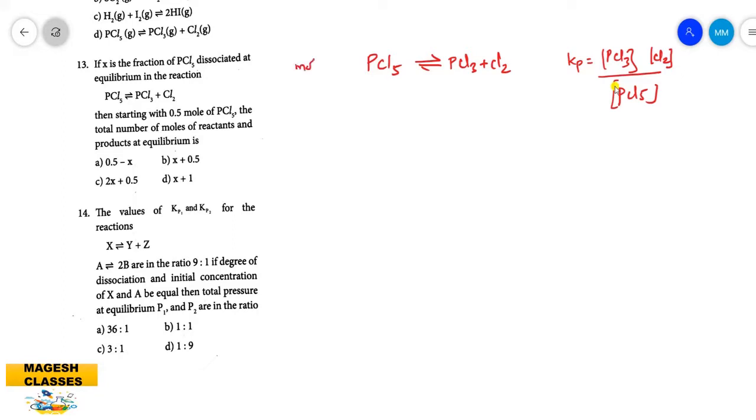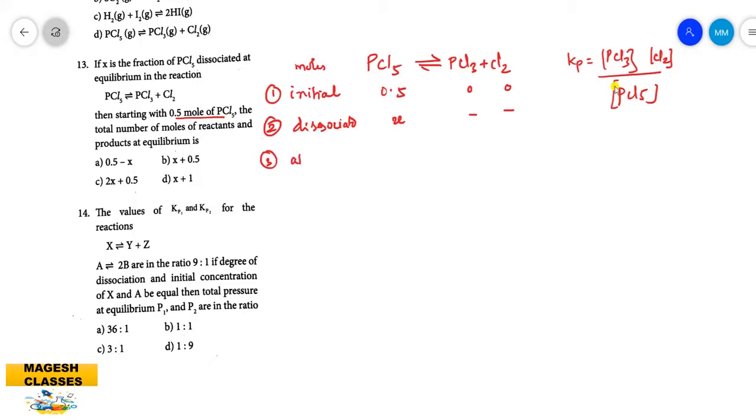So the number of moles initially: 0.5 mole of PCl5 is taken, and 0 mole of products in the container. And at equilibrium, the number of moles dissociated is x. Here there is no dissociation, it is only formation as such.